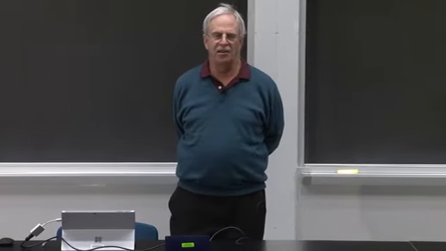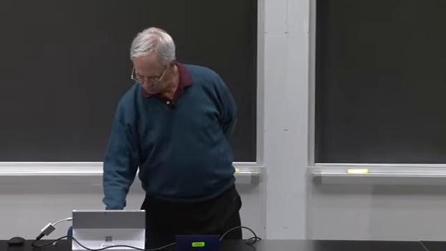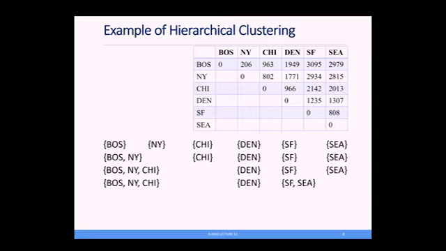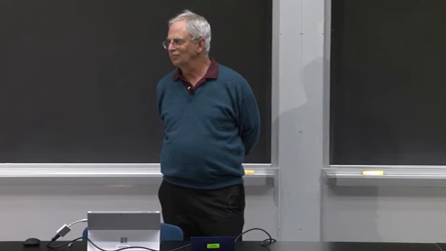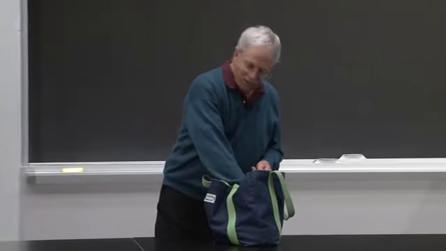All right, what do I get at the next level? Somebody? Yeah. Doesn't look like it to me. If you look at San Francisco and Seattle, they are 808 miles, and Denver and San Francisco is 1235. So I'd end up, in fact, joining San Francisco and Seattle. Ah. Well, that explains why I need my hearing fixed.